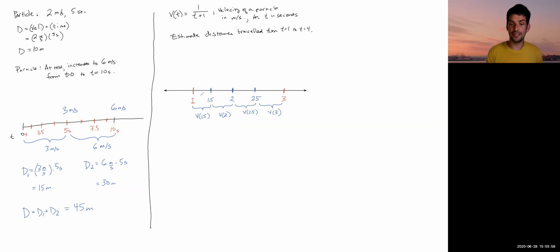And notice the amount of time it travels is the same for each of these intervals. We'll use some familiar notation here. Delta t is equal to 0.5. This whole thing was 2 units long divided by 4 intervals, which gives us 1/2 a second for each interval.